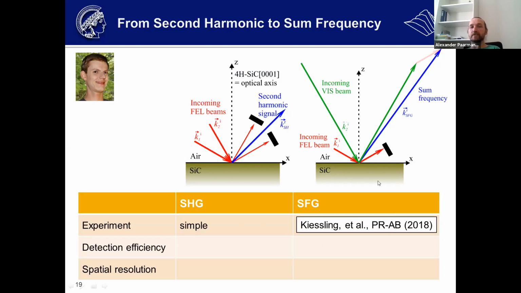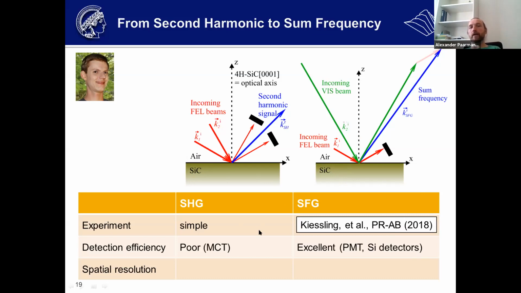The main reason is that this is a completely different laser, and you need to synchronize these two laser sources, one being a tabletop laser in your lab and the other one being the large facility free-electron laser. That took essentially the whole PhD of Rico to get up and running, so it's complicated. But what you get is two things.